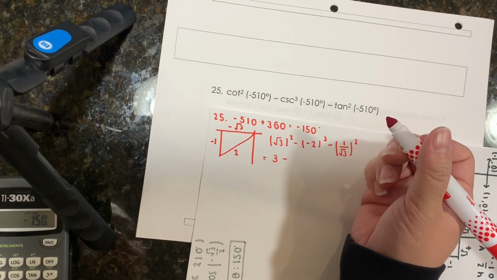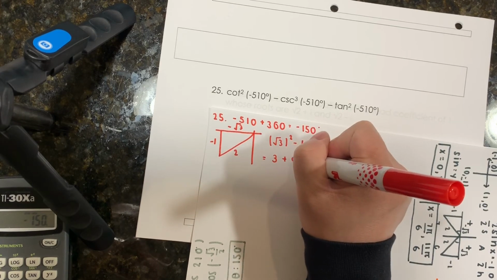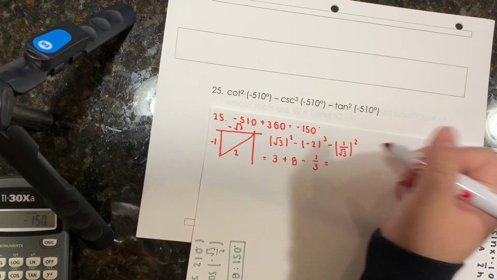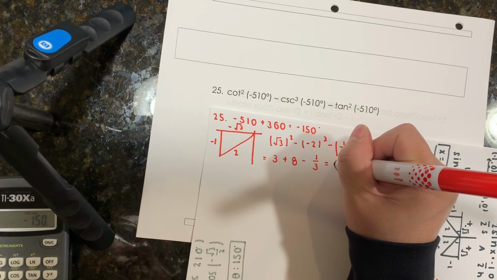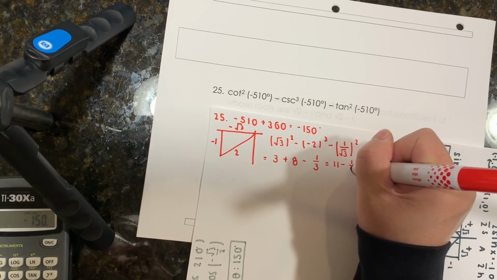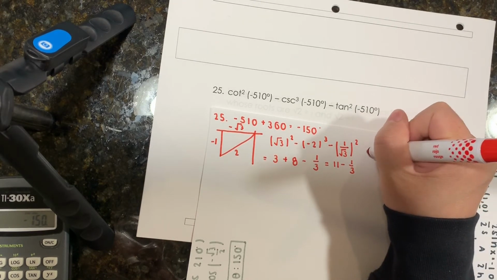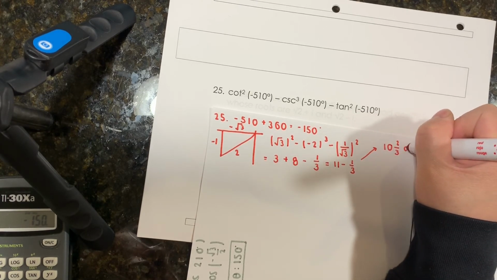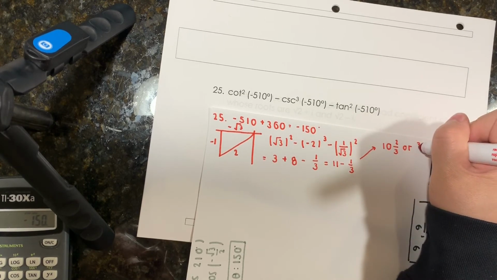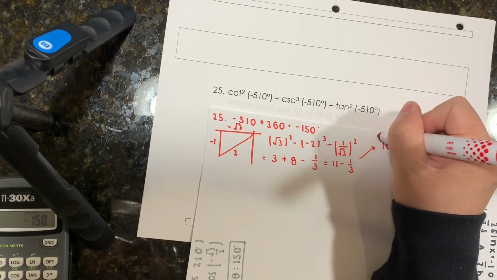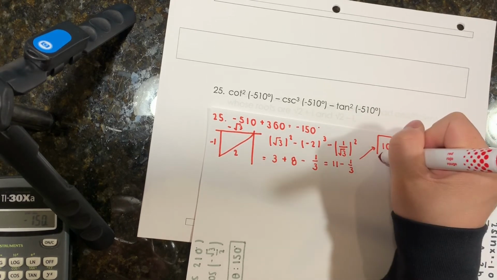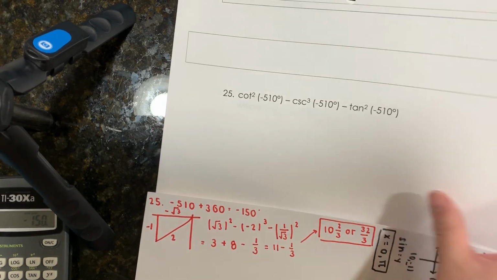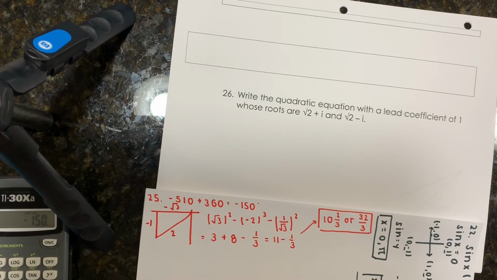Negative 2 cubed with a negative in front of it would be positive 8. And this would be minus 1/3. So really we have 11 minus 1/3, which you could write as 10 2/3, or 32 over 3. That one was easier because it gave you all of the same degrees.